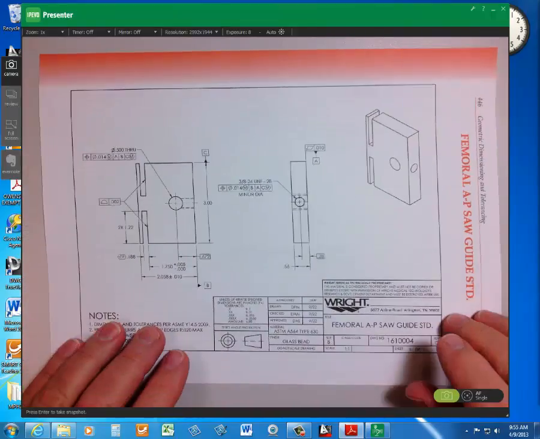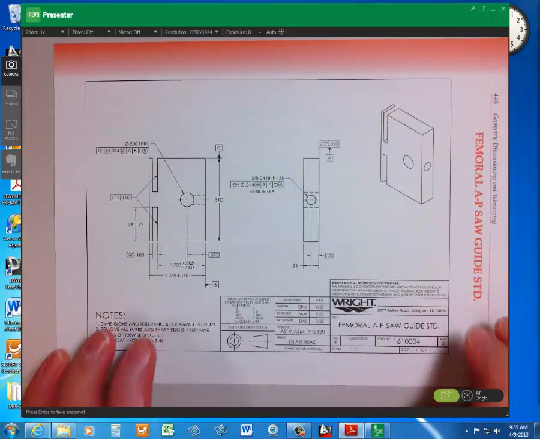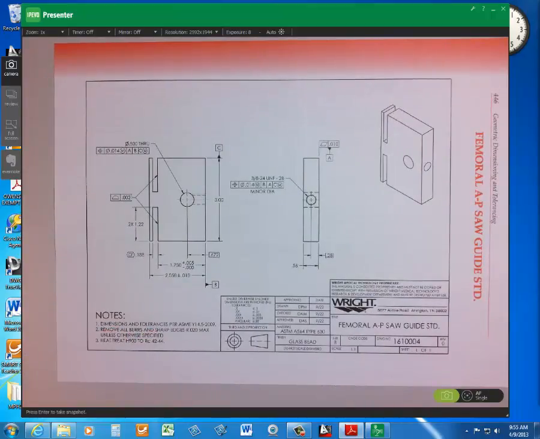Good old simple part. The femoral A and P saw guide standard. Whole bunch of questions though.